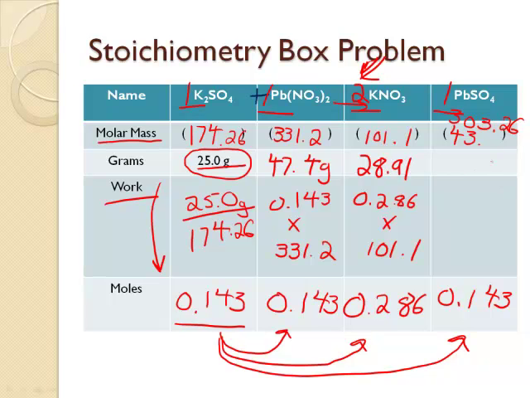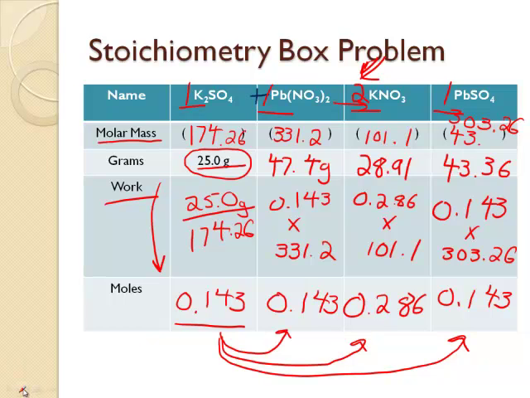And lastly, I will convert this one back to grams: 0.143 multiplied by 303.26 gives me 43.36. So that is a basic stoichiometry problem, using the mass of a reactant that's given to get moles, and then working from moles back up to get the grams for the other substances.